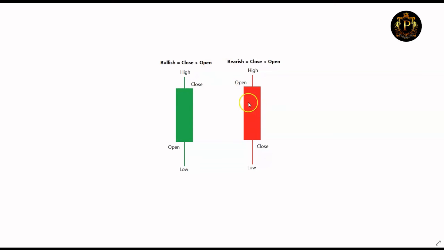On this particular day, the market opened here, fell to the lowest point, got back up again to the highest point here, and then closed here. So the market actually closed lower than its opening price.